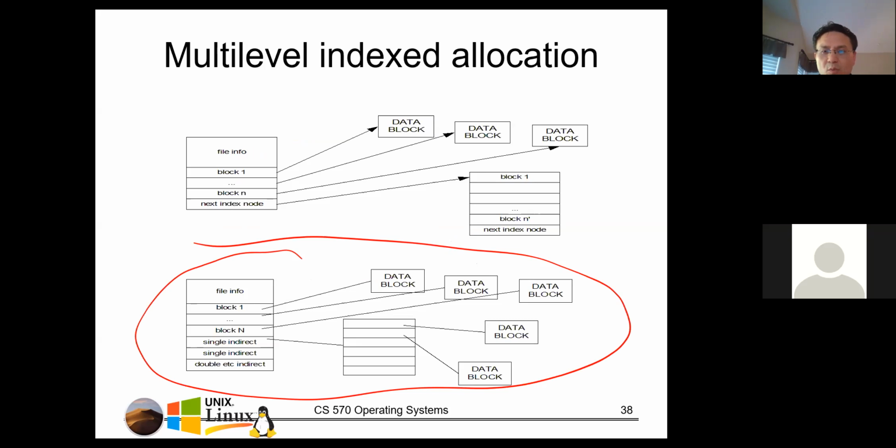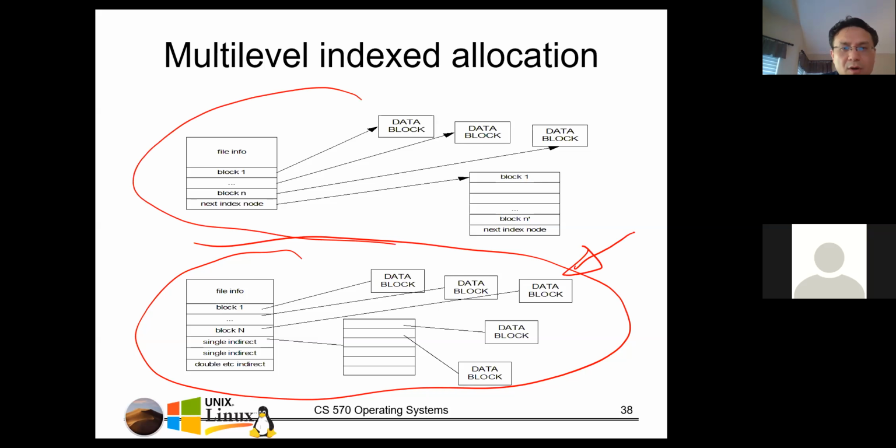It would provide more efficient direct access with this scheme. I won't talk a lot about why, but I just want to make sure you know that I have one slide showing this kind of multi-level indexing.